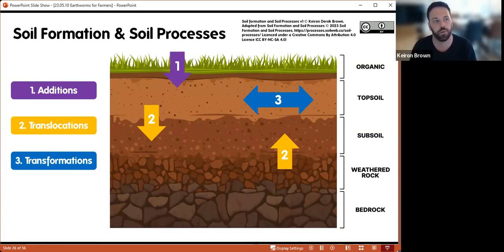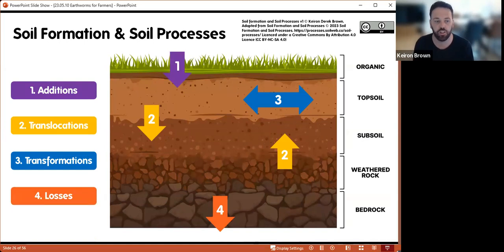So an example here might be certain chemicals being converted into certain minerals, which earthworms will be involved with through consuming soil and then pooping it out in a different form.